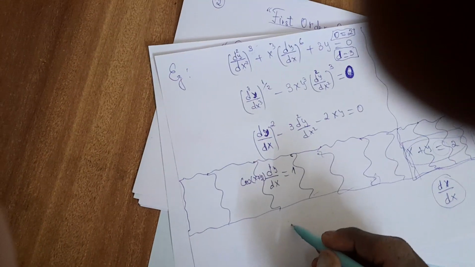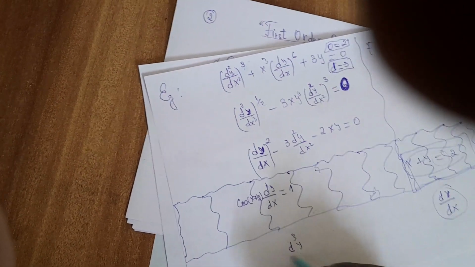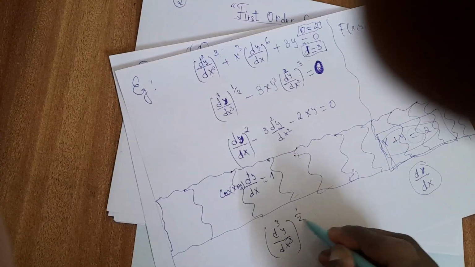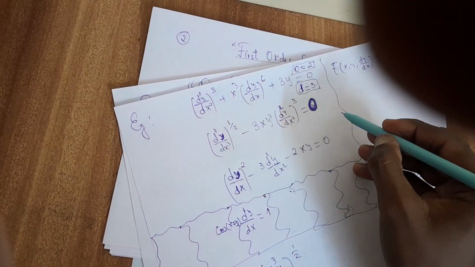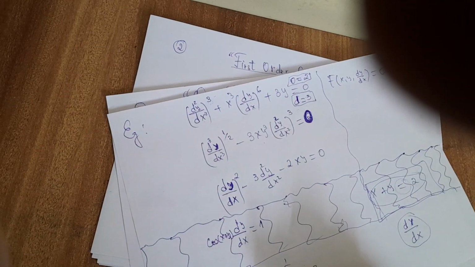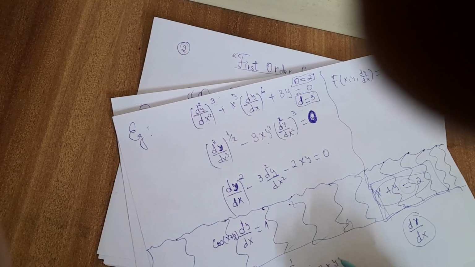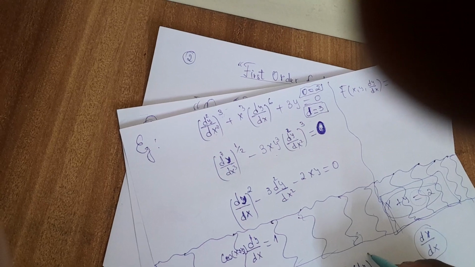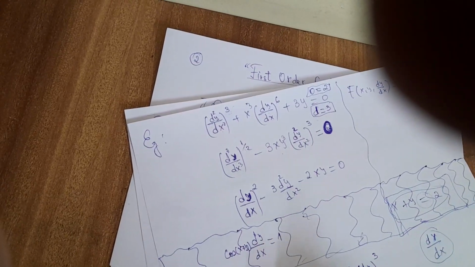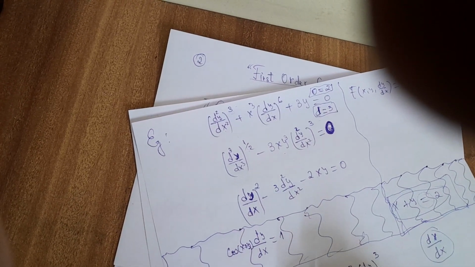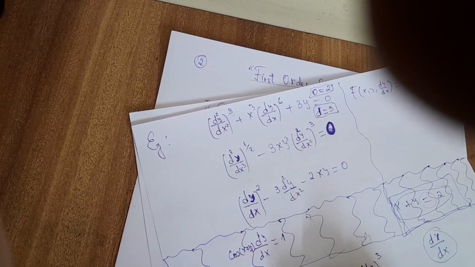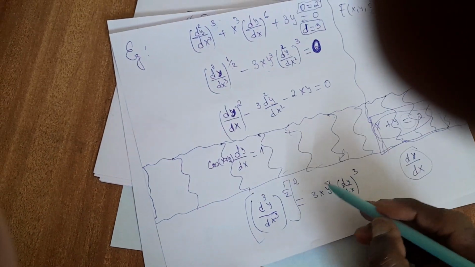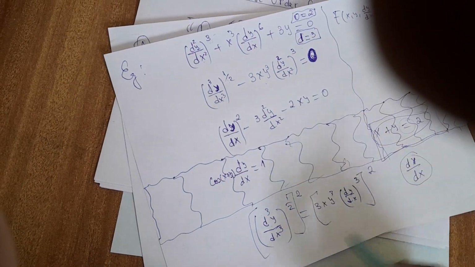Just like this, suppose d³y/dx³ is raised to 1/2, equal to 3xy³ plus dy/dx, which is raised to 3. For this to become an integer number, I have to add the exponent 2 here and also here.